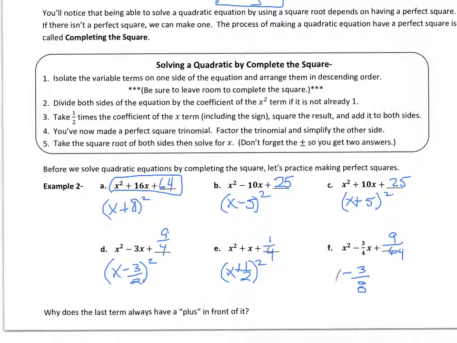And it is x minus 3/8 quantity squared. So if I FOIL that, x minus 3/8 times x minus 3/8, I'm going to get this right here. So answer this question now, why does the last term always have a plus in front of it? Yeah, because we're squaring stuff, and every square becomes positive.